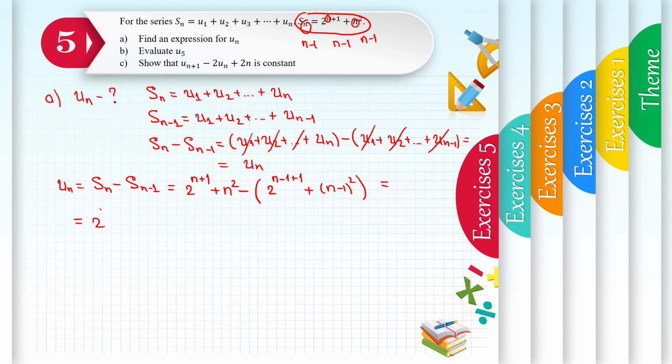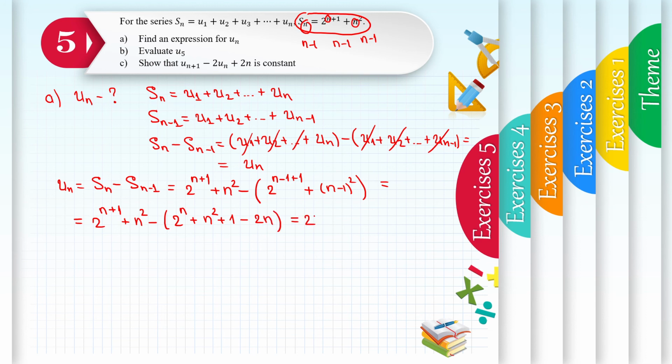And we have 2 to power n plus 1 plus n squared minus 2 to power n plus n squared plus 1 minus 2n.